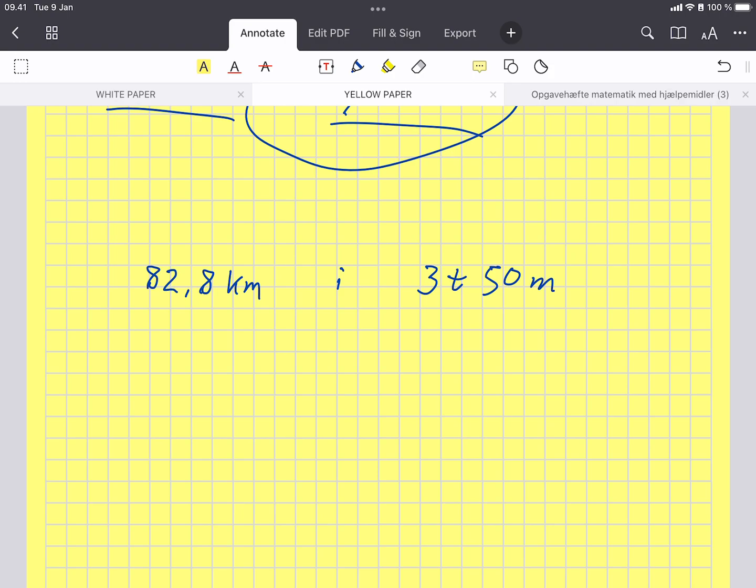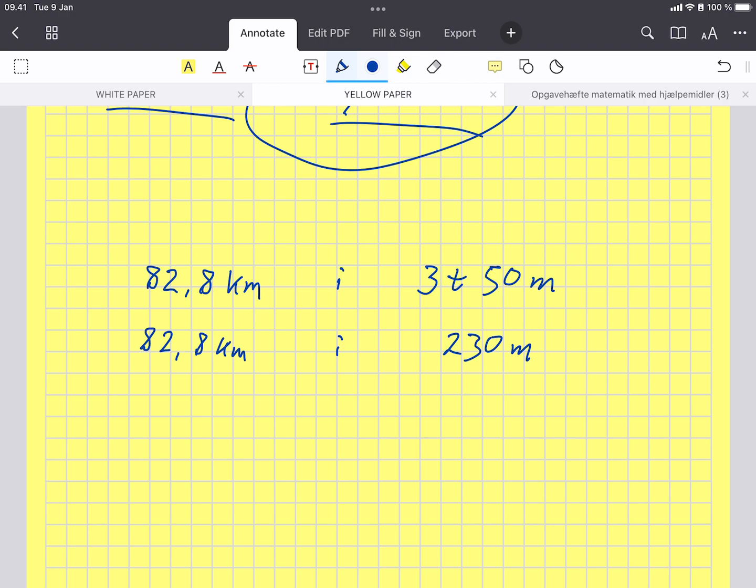So it's going to be easier to work with if I just convert it into minutes at the moment. So that's 82.8 kilometers in 230 minutes. 230 is 3 times 60, which is 180, plus 50 minutes.